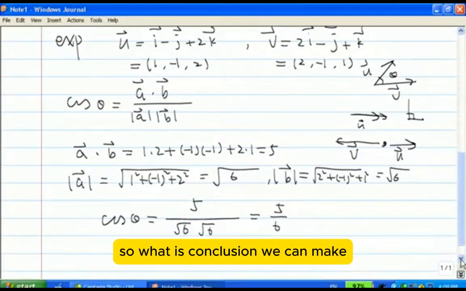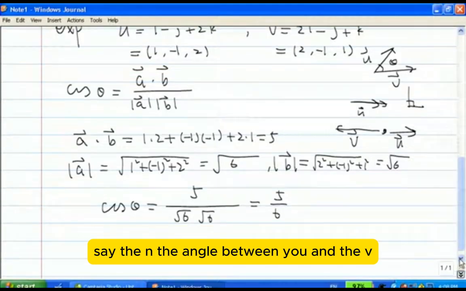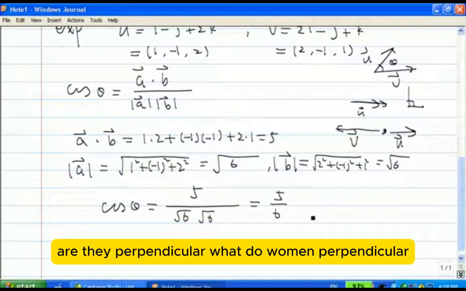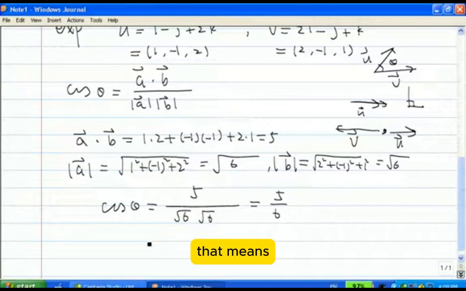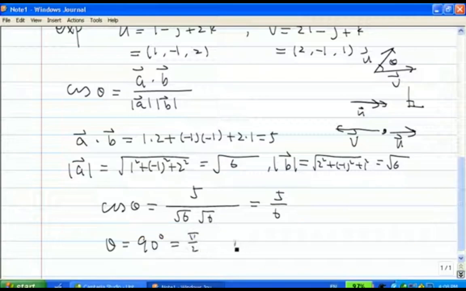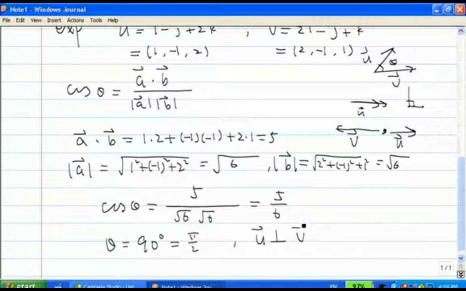So what conclusion can we make about the angle between U and V? Are they perpendicular? What do we mean by perpendicular? That means if theta equals 90 degrees, or pi over 2, then U and V are perpendicular, and we use this notation.